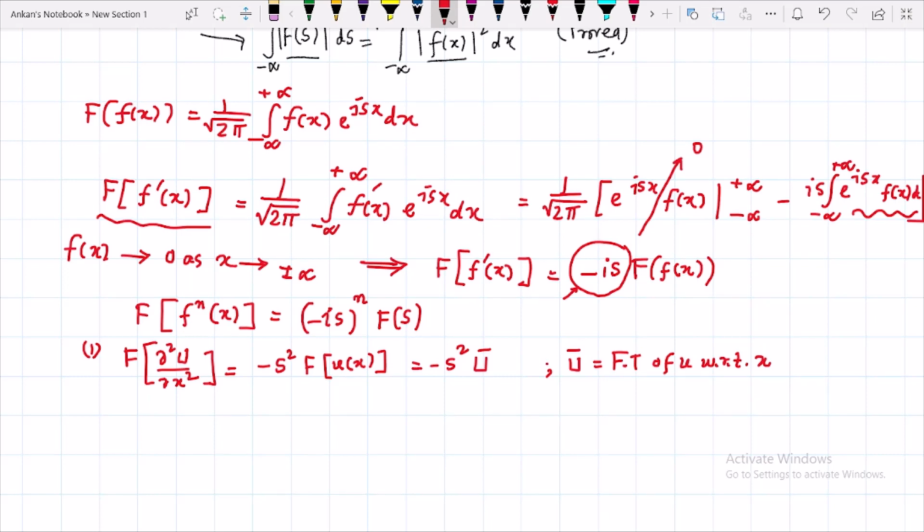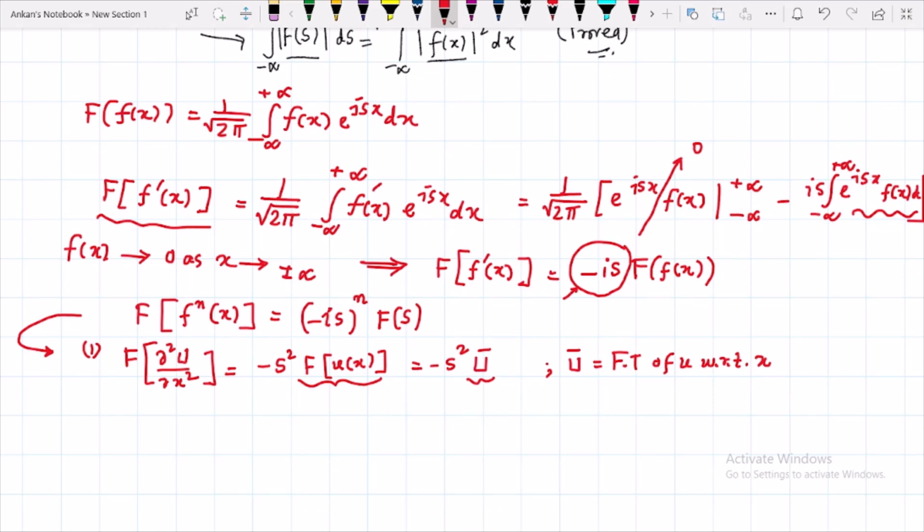So it is nothing but the second order derivative of u with respect to x, and this you can easily see from the definition. Minus is whole to the power 2, minus times plus i square means minus, so minus s squared F of this. And this I have written as u bar for simplicity.